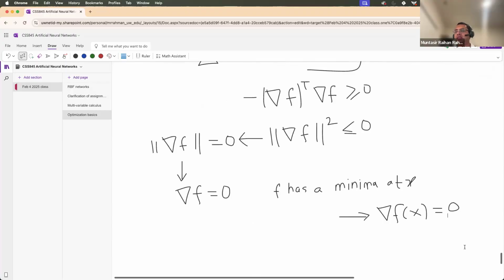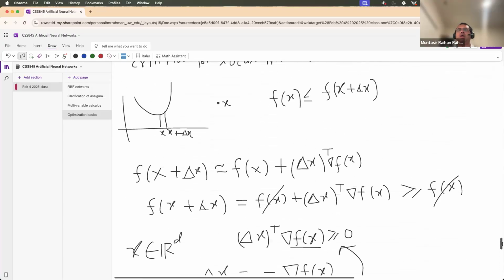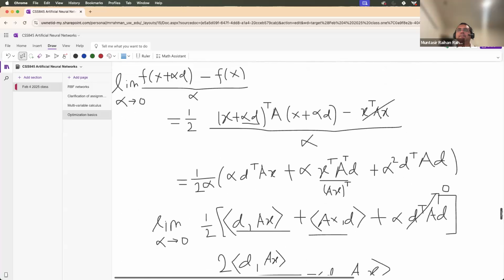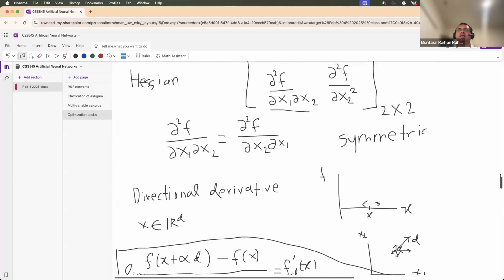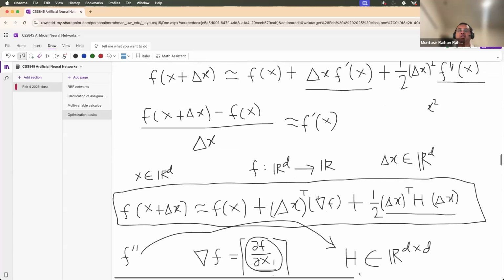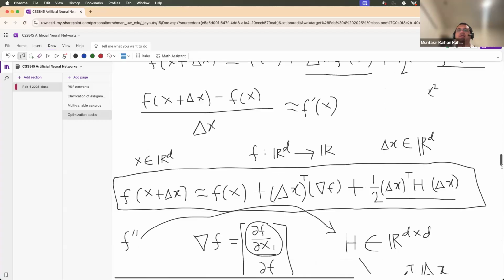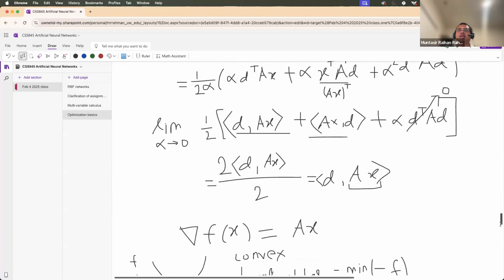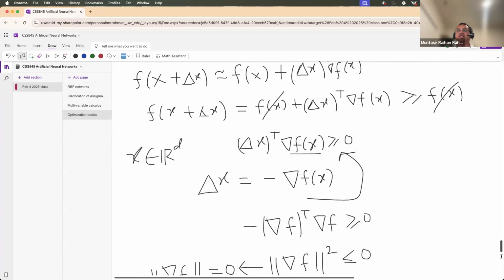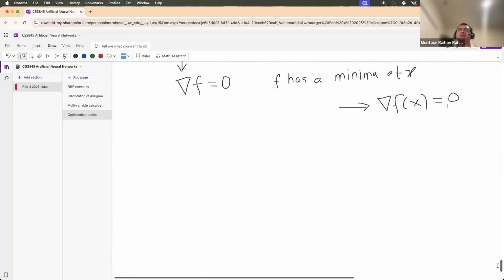So now if you plug this into our Taylor series, then this term is vanishing and then we only have this term left, right? So now let's look at the second order term, and that would give us the second order condition for minimization.